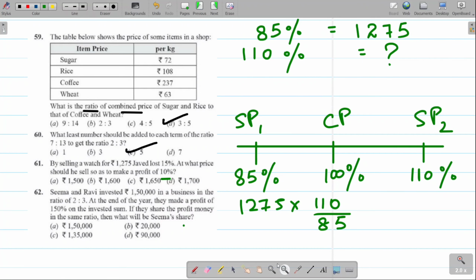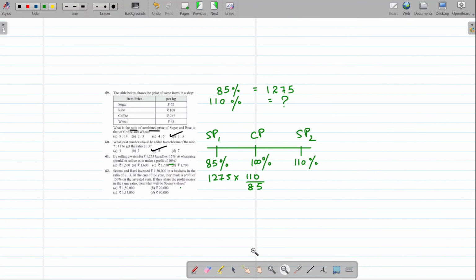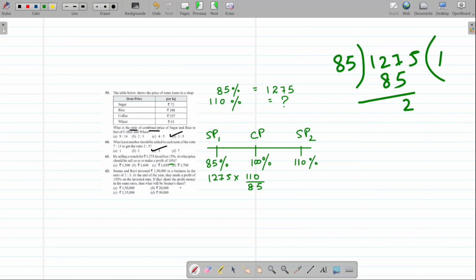Let me reduce this so that I have space. We just need to divide this. So 85, when we divide 1275 with this, 85 one time is 85 only. 5 5s are 25, and 8 5s are 40.